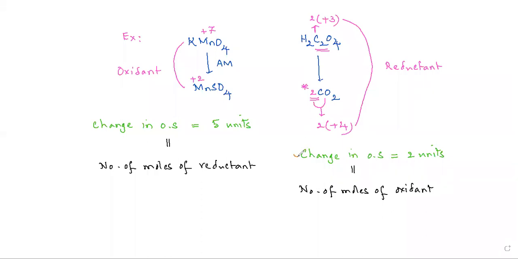Take this 2 here as the number of moles of potassium permanganate. Take this 5 here. This is very interesting. We need not go for the equations. We need not balance the things. But still, we can write the number of moles.